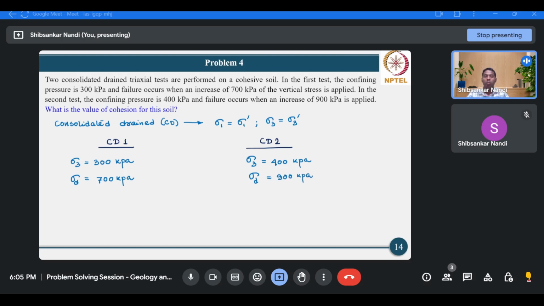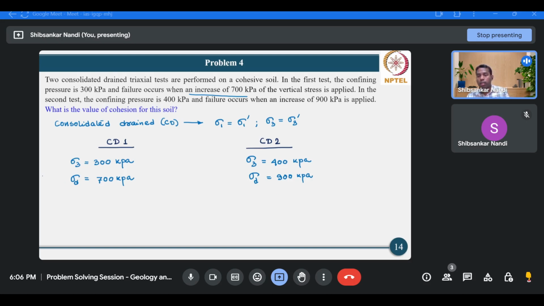Now you can ask a question, why have I written sigma d instead of sigma 1? Because here it's mentioned that an increase of 700 kPa, in excess of this 300. Earlier this 300 was acting all around the soil sample, in the radial as well as in the axial direction. To attain failure, we have to apply an increase of 700 kPa only in the vertical direction. Similarly for CD2, an increase of 900 kPa.